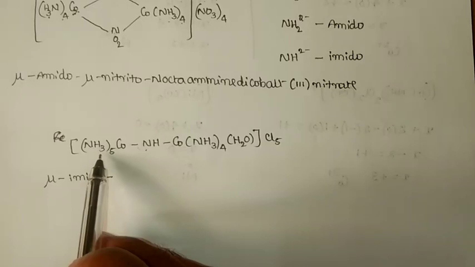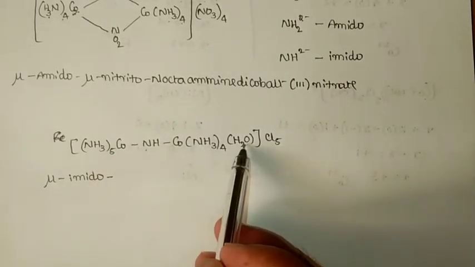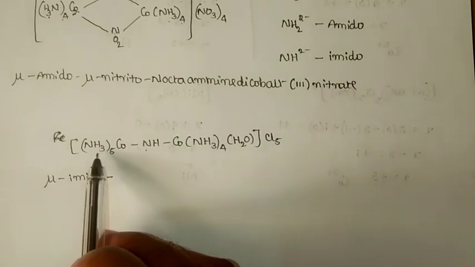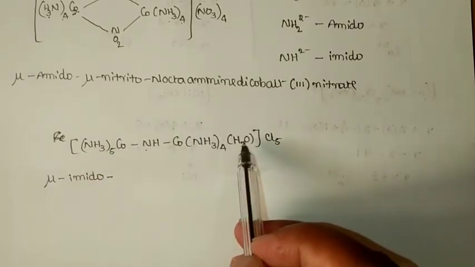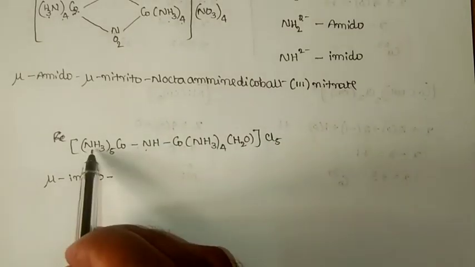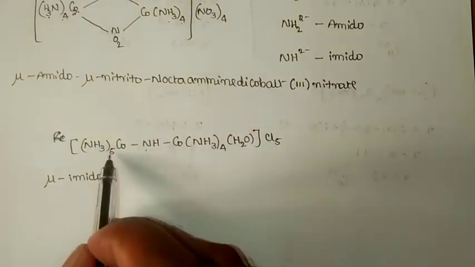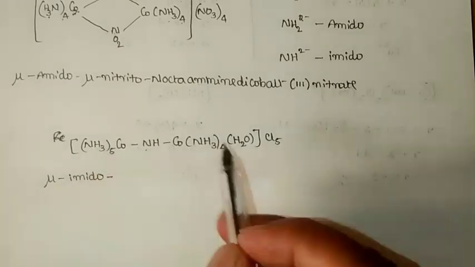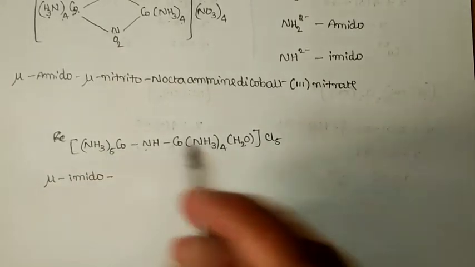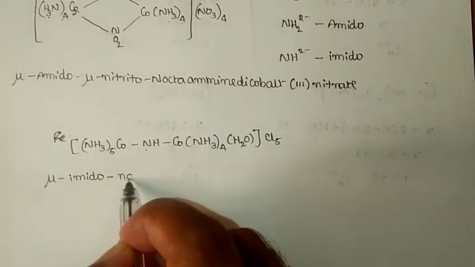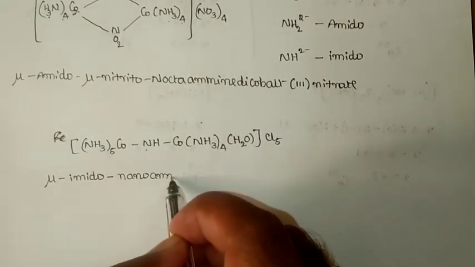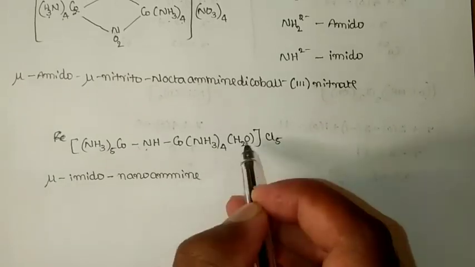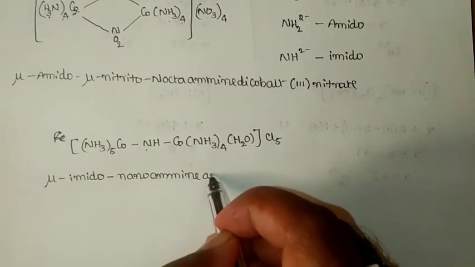Then the remaining ligands have to be named in alphabetical order. We have 2 different kinds of ligands, NH3 and H2O. NH3 is amine, so AM. H2O is aqua, AQ. So first AM, that is amine, should be said. Here there are 5 amine ligands, and here there are 4. So 5 plus 4, 9: nonaamine, and there is one H2O, aqua.